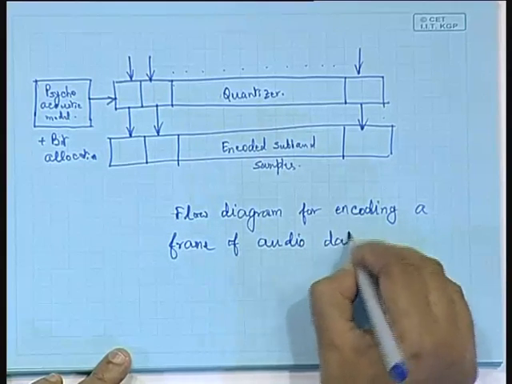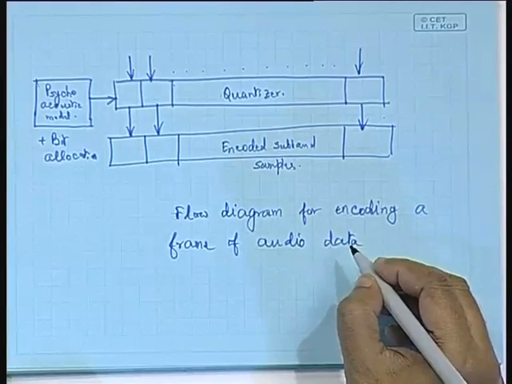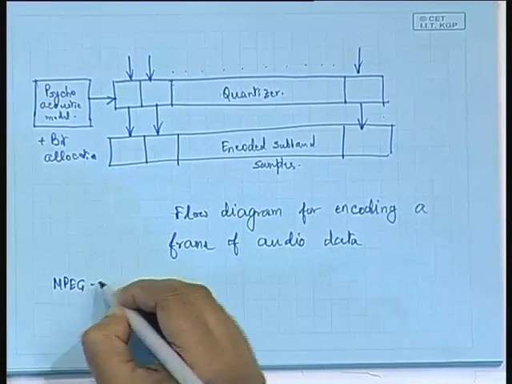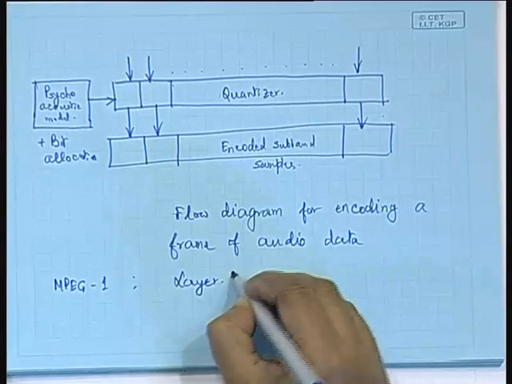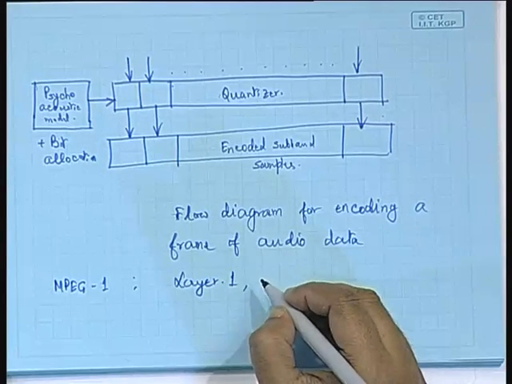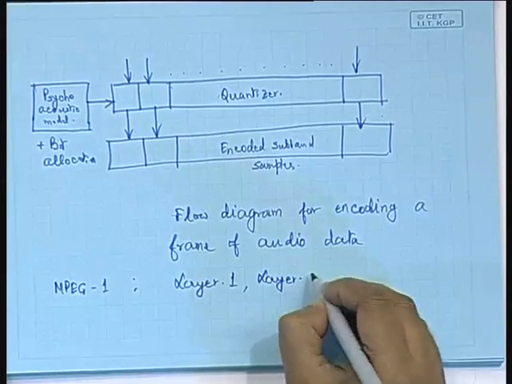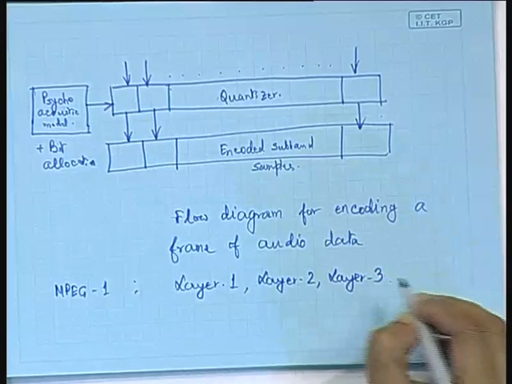In fact, this form of encoding is the simplest form of encoding. The MPEG 1 standard specifies 3 layers of encoding: layer 1 encoding, which is the simplest, followed by layer 2, and the last one is layer 3, which is the most complicated one.